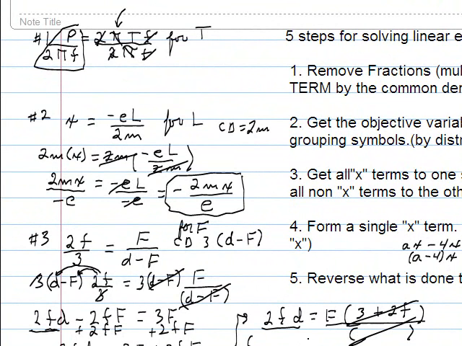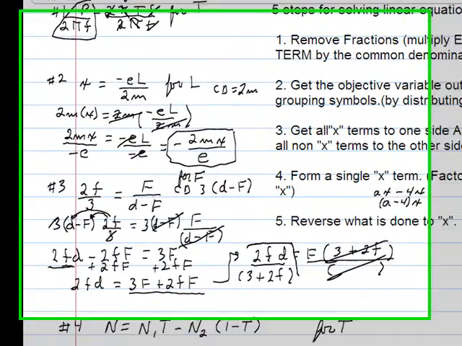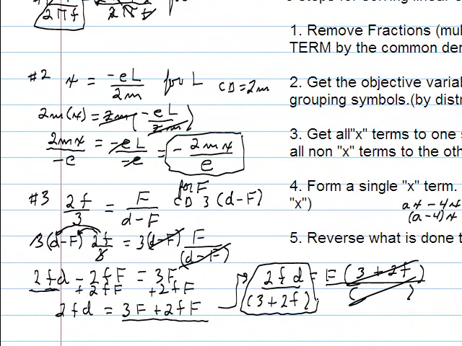My big bracket has in it 3 plus 2 little f. Now, notice that I cannot cancel the little f's. That takes me inside this bracket where there is a plus, and you can't cancel where there's a plus. So my final answer is 2 little fd over 3 plus 2 little f.